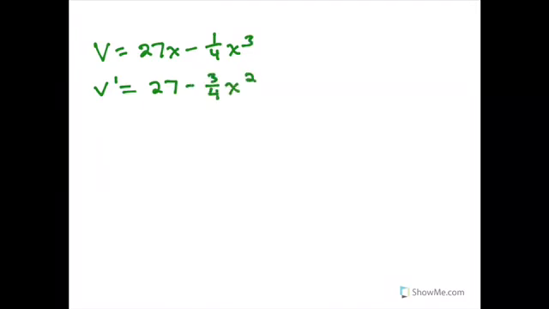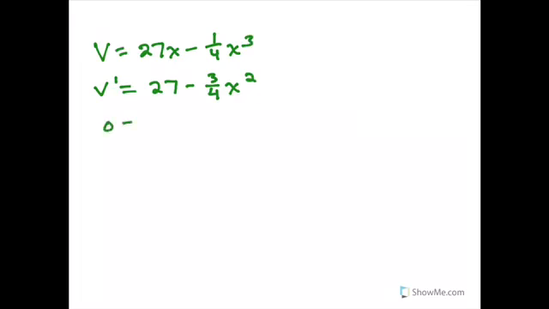Wait, can you go back? So our equation is, our volume is 27x minus 1/4 x cubed. We want to take a derivative so we can optimize it. And I get 27. For my second term, 3 comes out front, so I get minus 3/4 x squared.